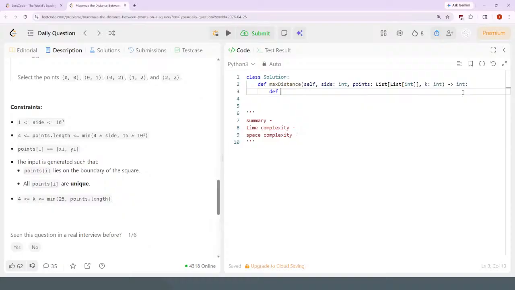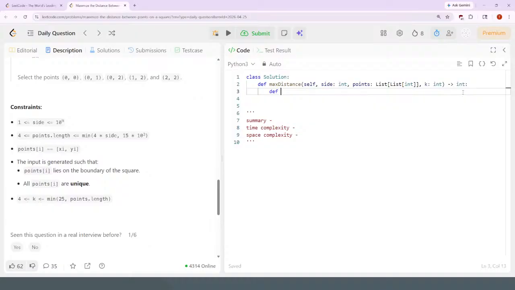So if the minimum distance is guessed to be 3, then I somehow do a pass over all the points and verify that 3 is a valid separating value for k points in the array.